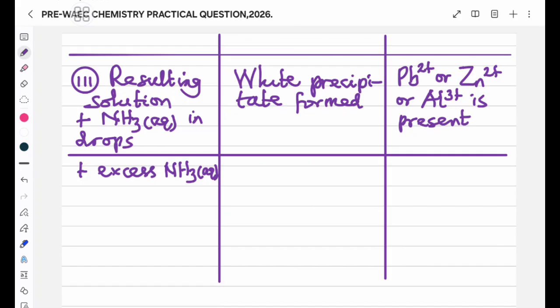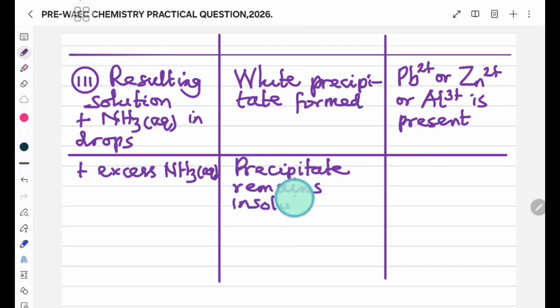When you add excess, this is what you are going to observe. The precipitate that is formed in drops will remain insoluble. Precipitate remains insoluble on adding more of the aqueous ammonia.